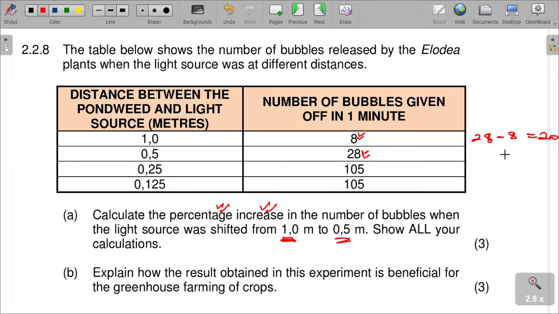The percentage increase is going to be the difference over the initial, which is 20 over 80, times 100 over 1, which is going to give you something like 250%.